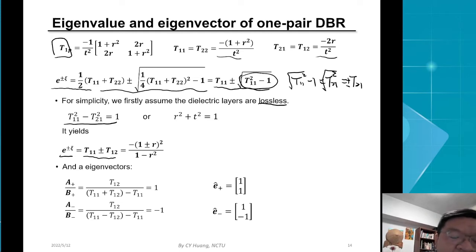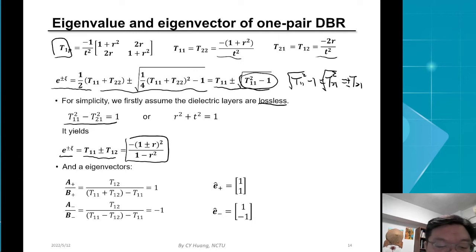Then we get the reflectivity of one pair as a function of the reflectivity of one interface. This R is the reflectivity of the interface, and this is the eigenvalue of the one-pair DBR.